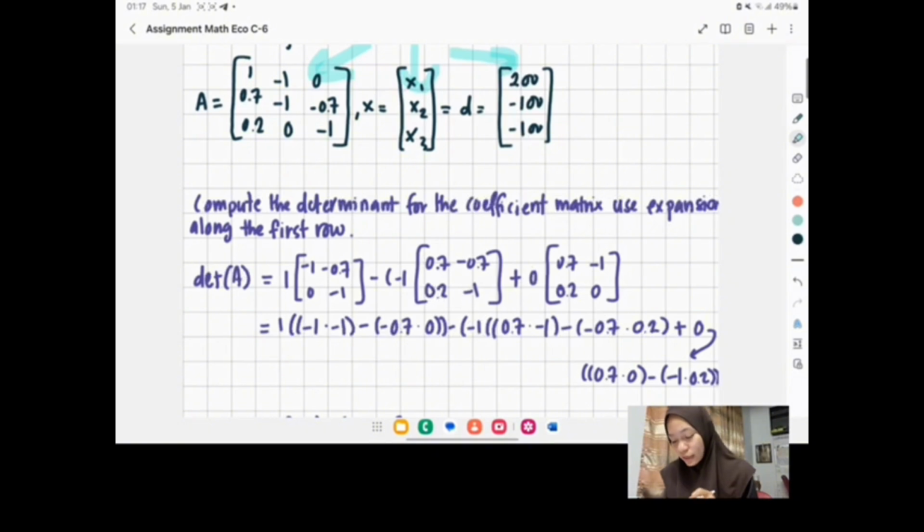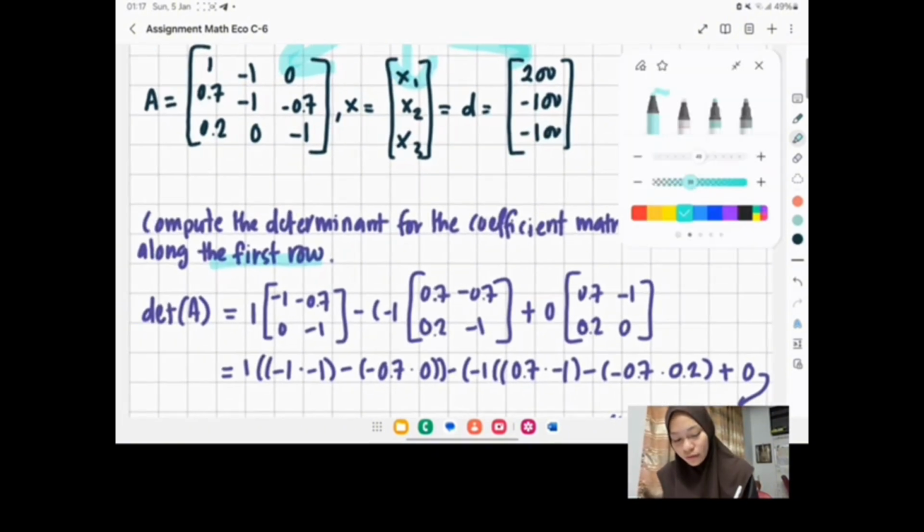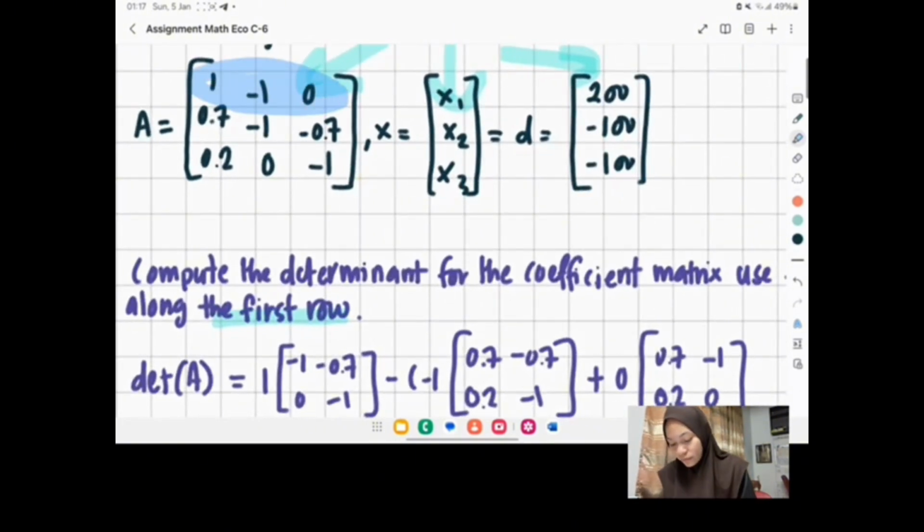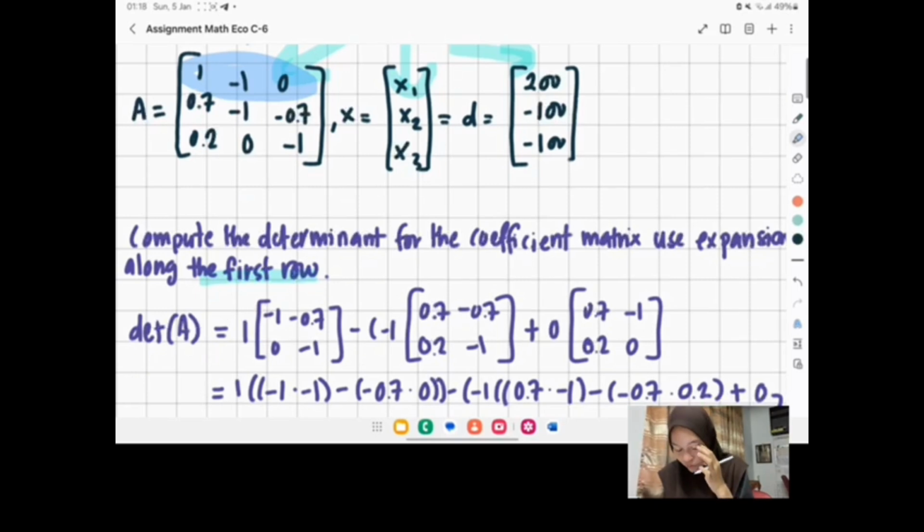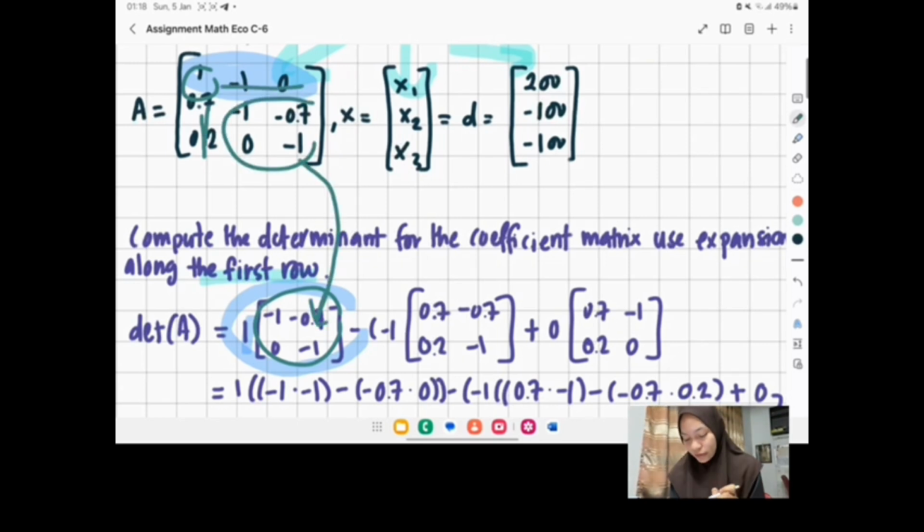And now we should compute the determinant for the coefficient matrix. Use expansion along the first row. Okay, the first row is this. And we will write like this, 1 that we get from the first row in the first column. And how to get this item? For example, that's 1 in line, and the numbers not covered, you just take here and put it here. Okay, and same for this and this element.